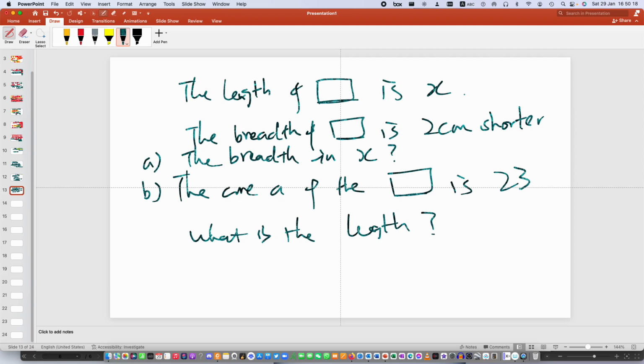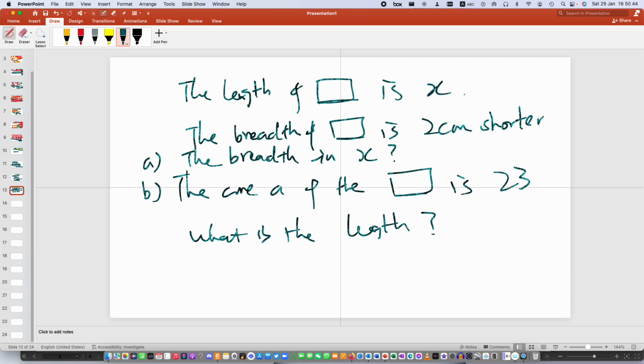Okay, good. They say the area is what? So you replace your area with? 23. Yes. Okay, that's how you start to solve. Are you clear now?